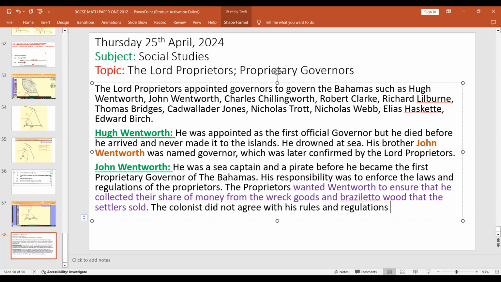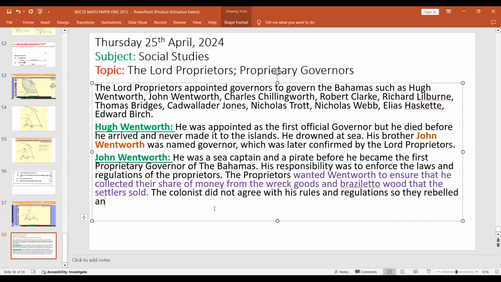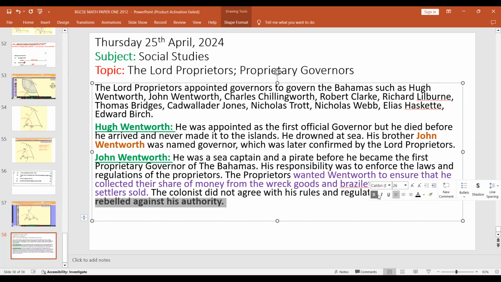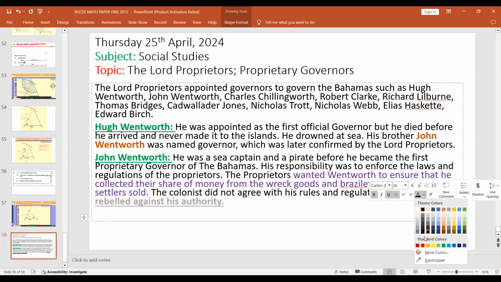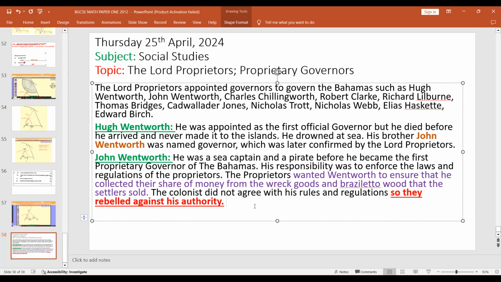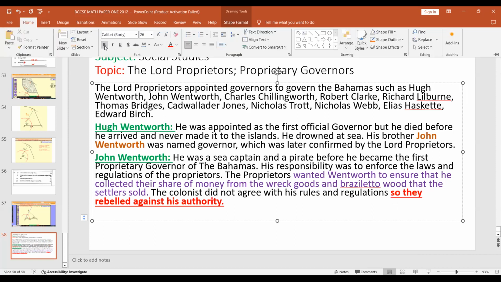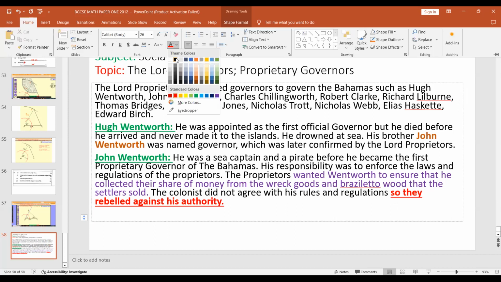So they rebelled, and they rebelled against his authority, because they were not interested in paying taxes to the Lord proprietors.